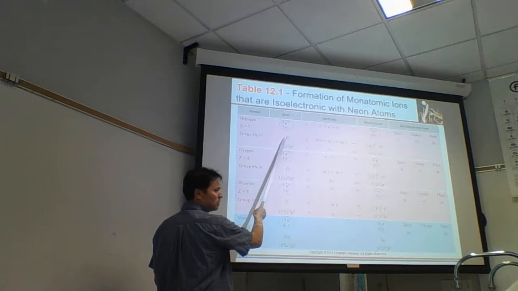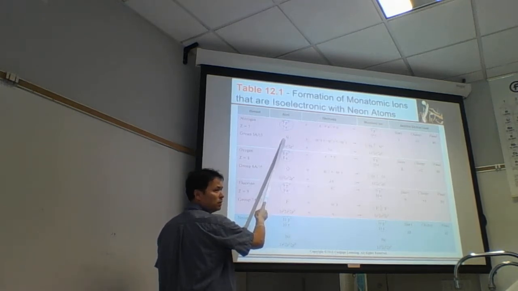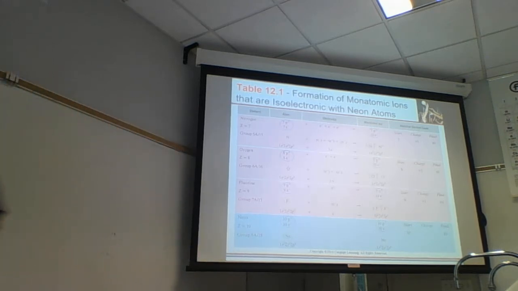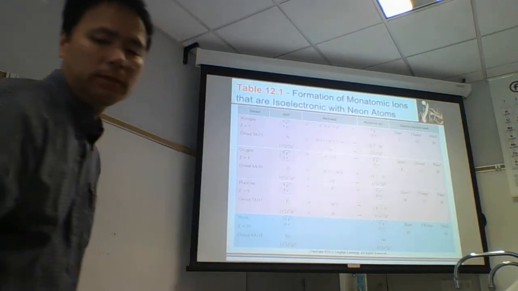Let me see. Did I talk about Lewis symbols already? No. Okay, I'm jumping ahead. Lewis symbols we use just to show the valence electrons.